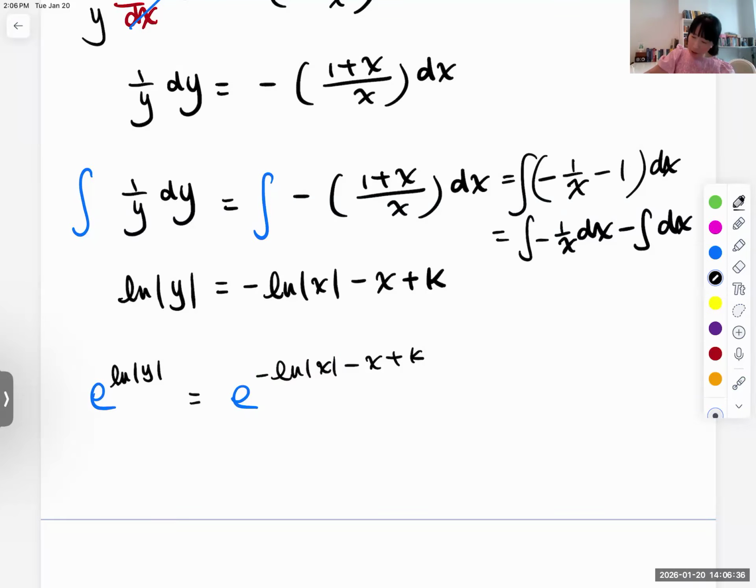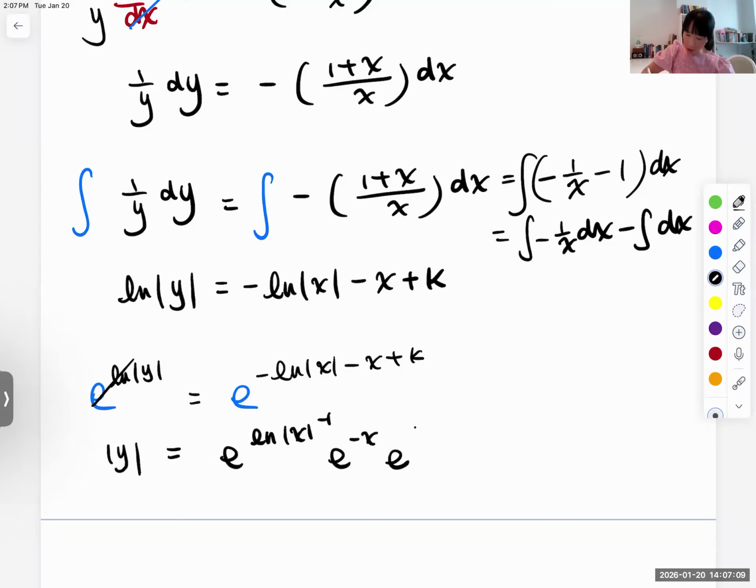We simplify. So we have y equals, and then x to the negative 1. So e to the ln x to the negative 1, and also e to the negative x, e to the k, yeah?